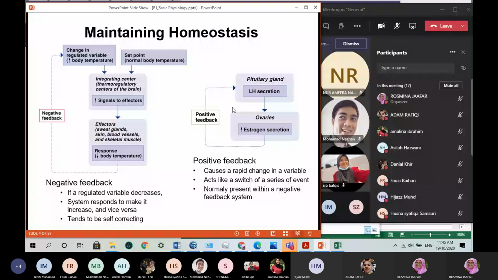But when it achieves the target, it will stop. So positive feedback and negative feedback, both are needed. The only thing is that negative feedback happens most of the time. However, positive feedback only happens sometimes when there is a need to maintain something.